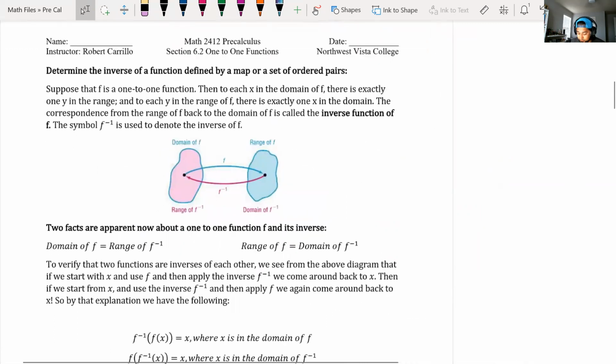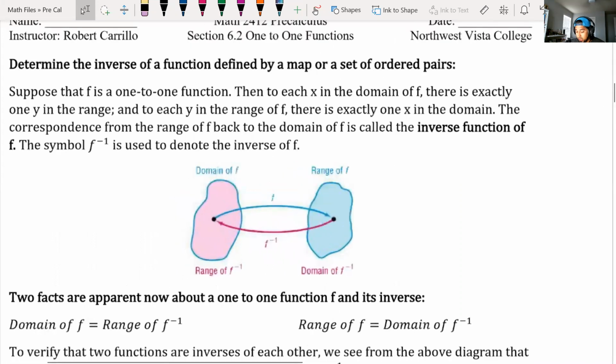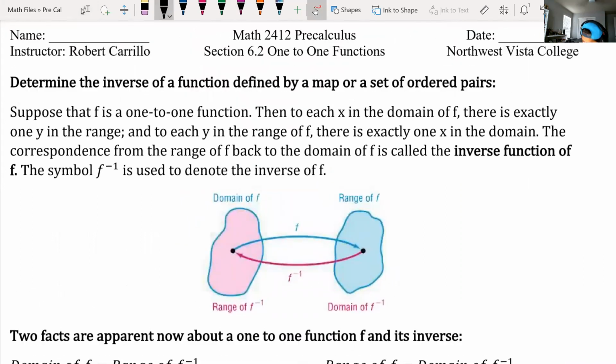So now we'll get into the definition of the inverse. So suppose that a function is one-to-one. This means that for each x in the domain, there is exactly one y in the range. So if we were to look at these blobs down below, let's say that here's my x, here's my y. And to go from x to y, we would use the function f. So to get from the domain of f to the range of f, from one x value to exactly one y value, we would use function f.